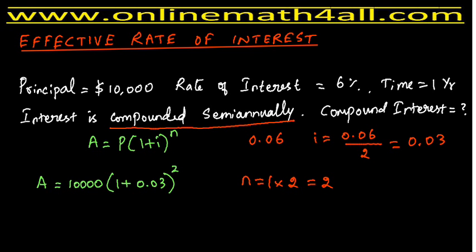Okay, now let's proceed to the next step. The value of A is equal to 10,000 times 1.03 whole to the power 2.